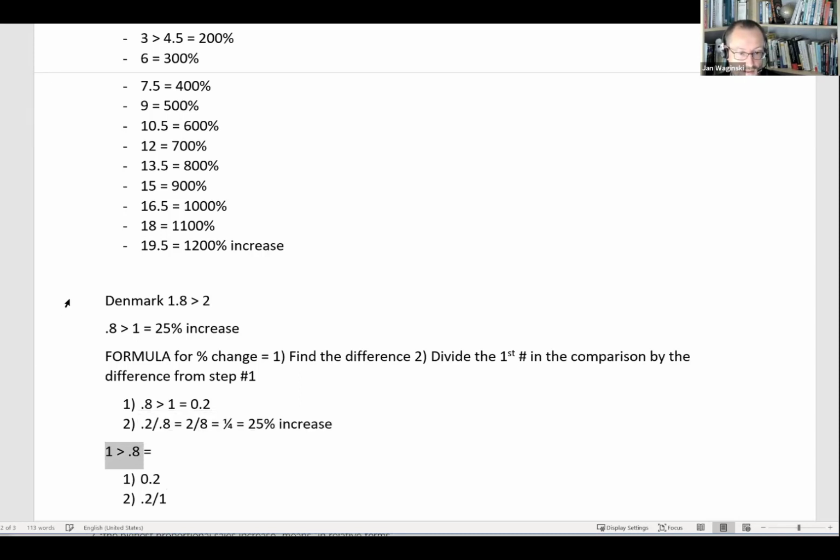So we're reversing the order of the comparison.